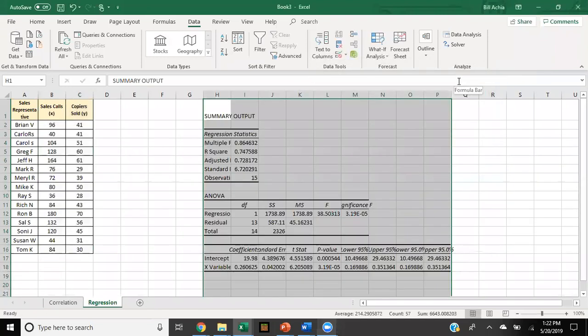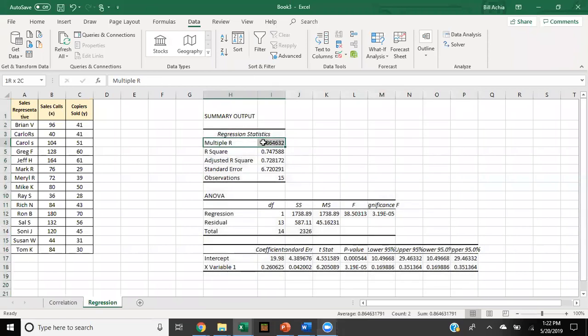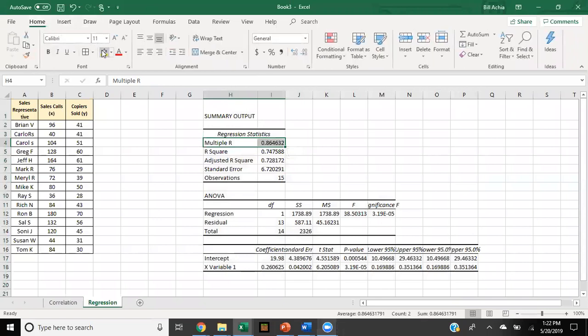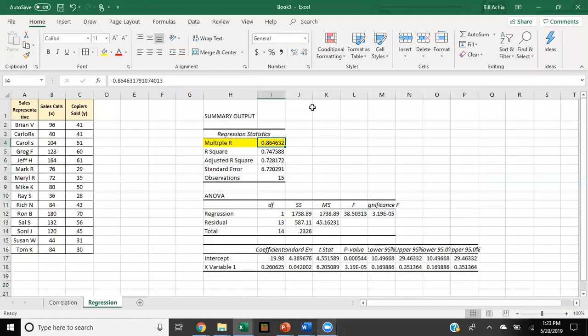So Excel is going to run a whole regression for you, similar to what Minitab or SAS or SPSS would do. And it will come up with a whole bunch of information. It has at the very top here your multiple R. Now, if you look at this number here and go back to your correlation tab and look at your value for R, that's the exact same figure that we have for R. Okay, so your multiple R is basically your correlation coefficient.